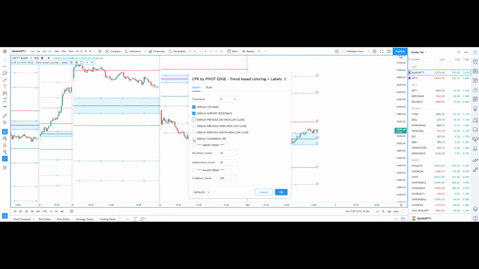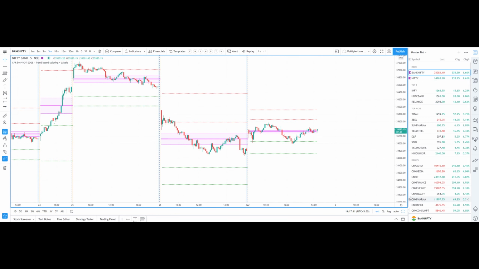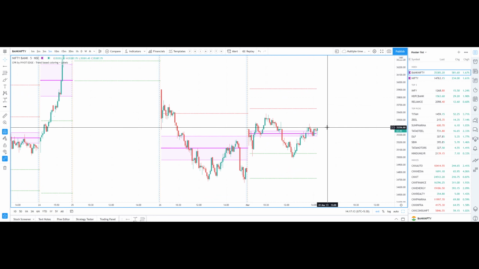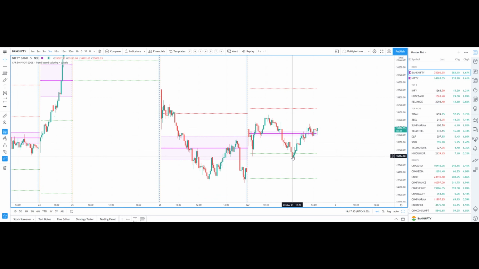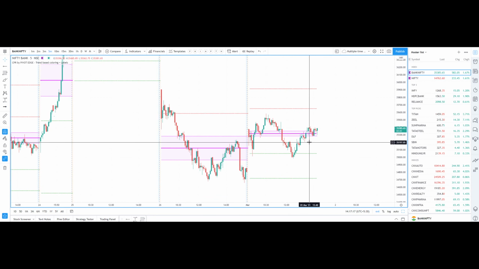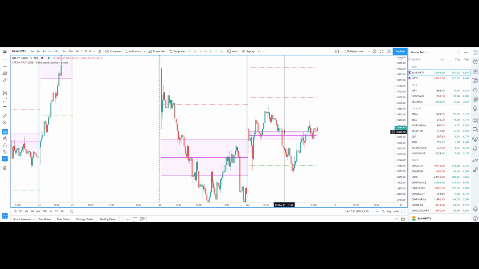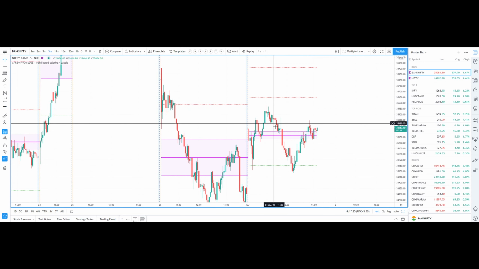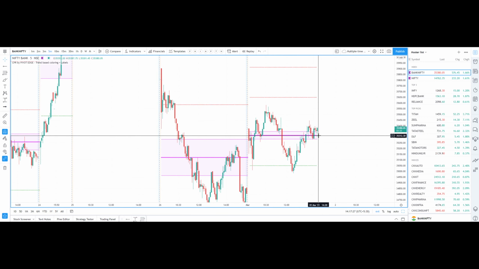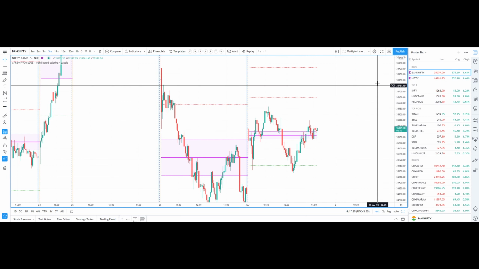One more feature is display tomorrow CPR. If you want to understand what could be the type of day tomorrow, you can know it in advance. Right now we can know that tomorrow it will be a bit narrow, meaning today the market is consolidating or moving sideways, so tomorrow it is going to expand in one direction.